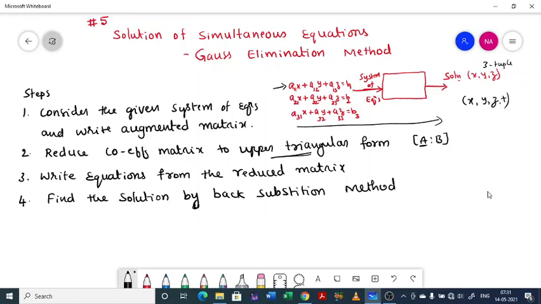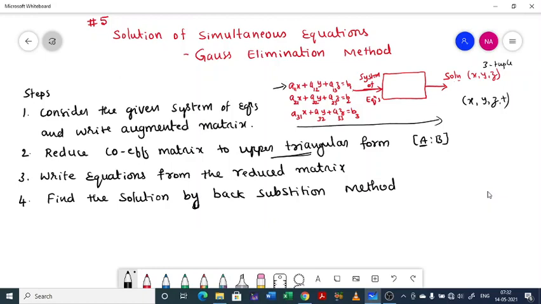We don't worry about the matrix of constants, but we reduce the coefficient matrix to upper triangular form. Upper triangular form means entries below the diagonal should be reduced to 0.